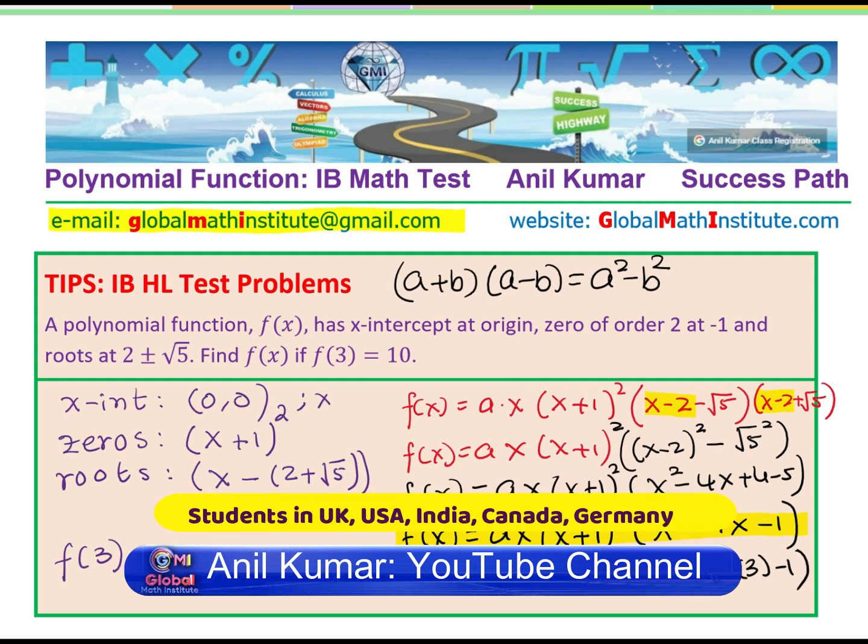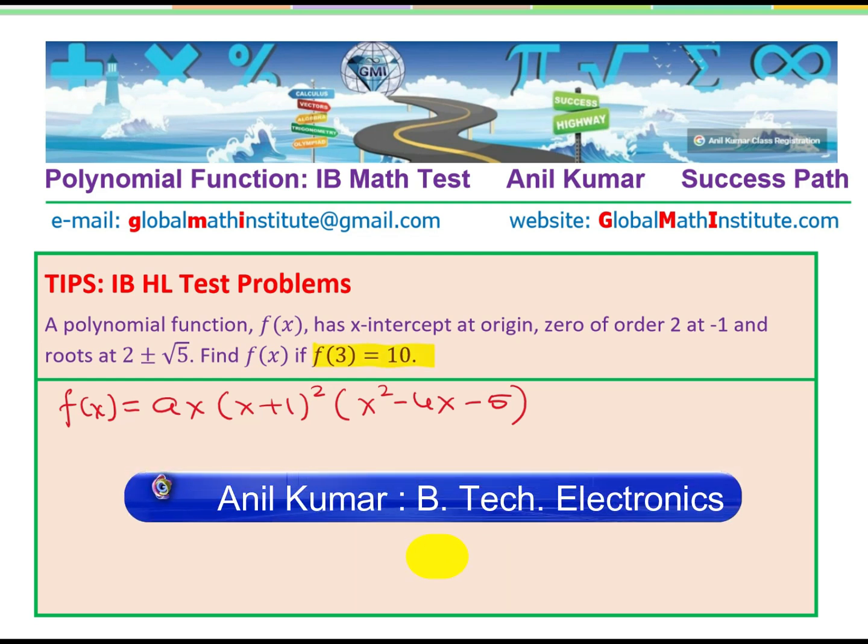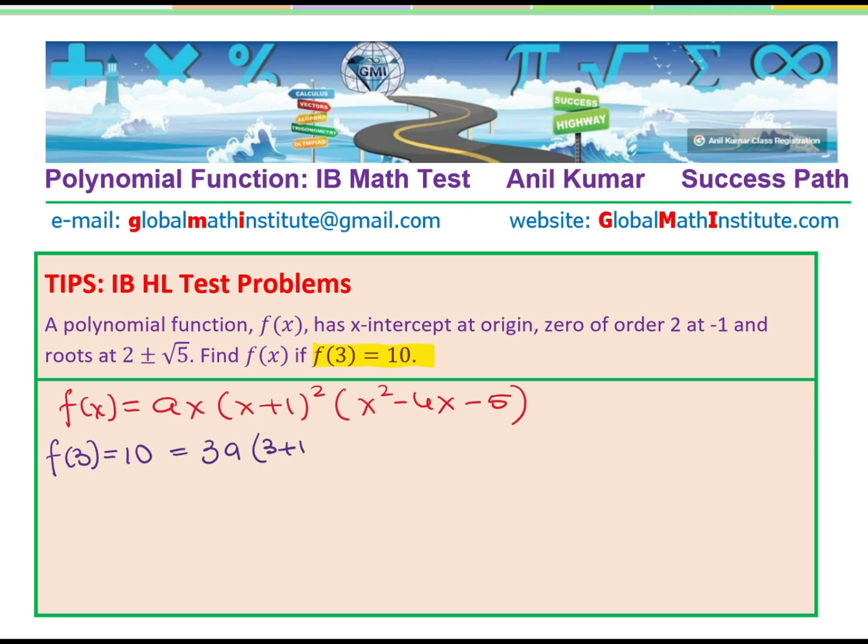So now let's continue. We know that f of 3 is 10, right? This is what we are using. The value f of 3 is 10. So instead of f of x, we are writing f of 3, which is 10, and we are substituting 3 for x. So we have 3a times (3 plus 1) whole square times (3 square minus 4 times 3 minus 5).